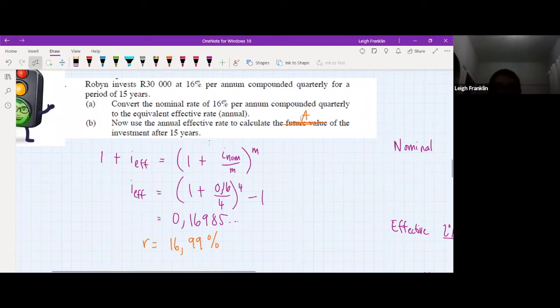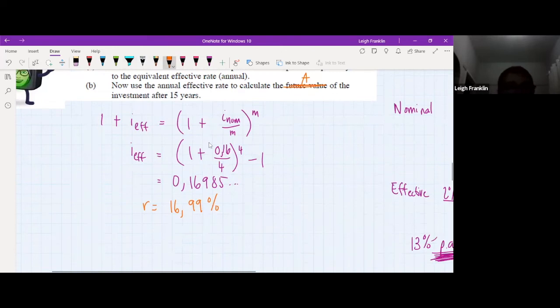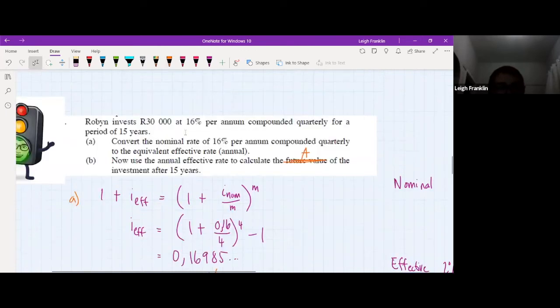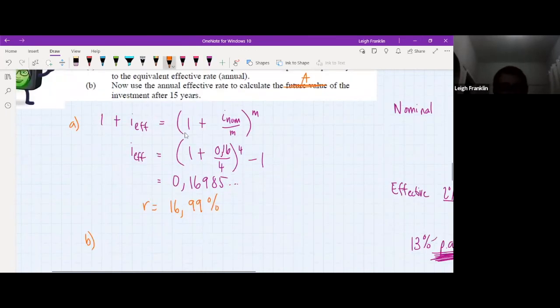So in part B, that was part A, we take how much money he invested, 30,000 Rand, to the power of 15, after 15 years. What do you guys get as an answer?